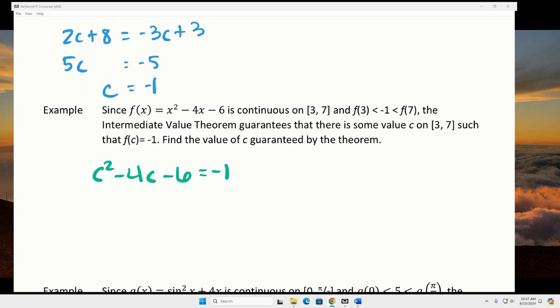Alright, so how do I solve a quadratic equation? Before we factor, we need to get everything on one side. Good job.